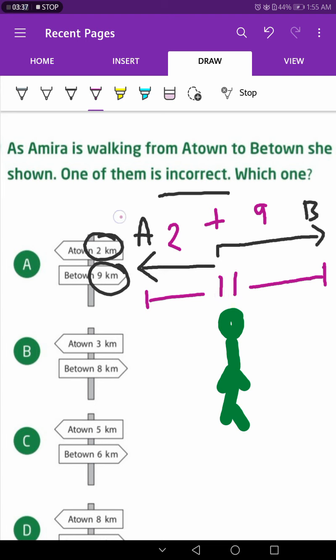So this sign says the distance between town A and B is 11.